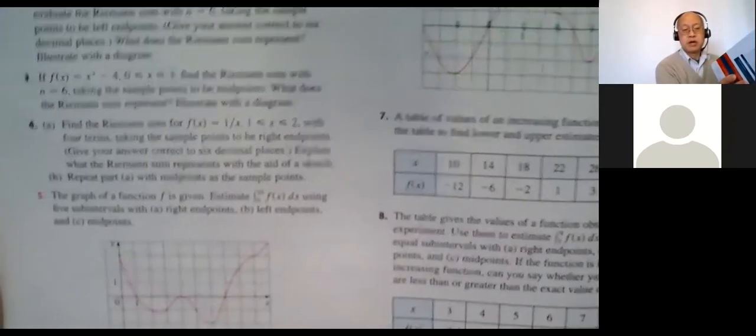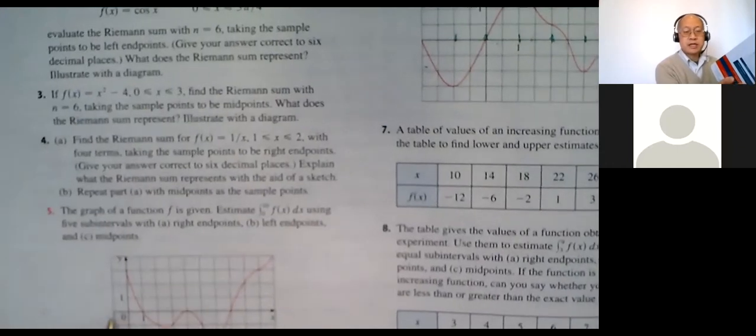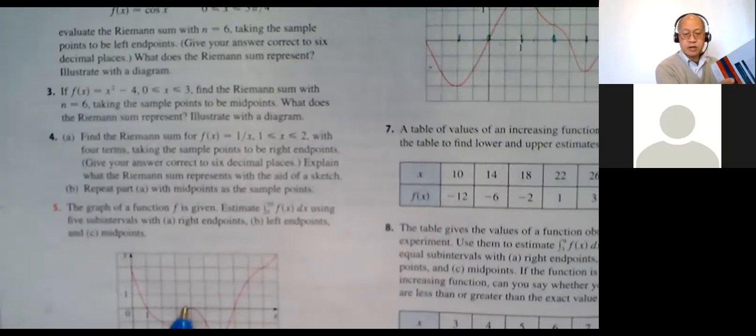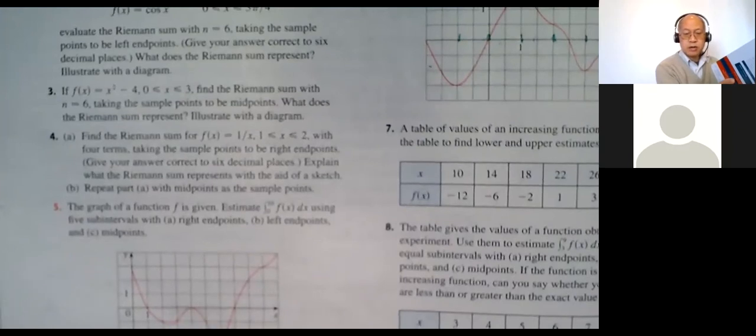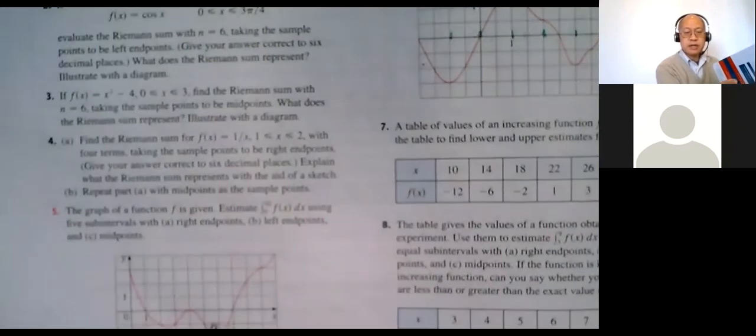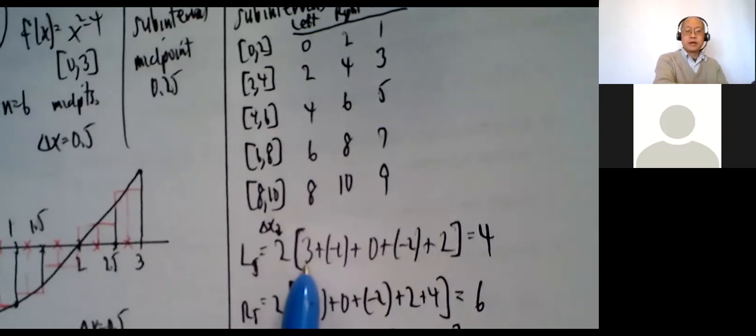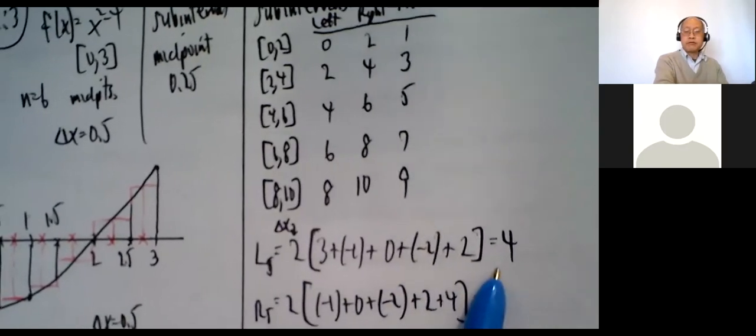And again, sorry, I can't really show you both at the same time. Good. Here we go. The heights, 3, -1, 0, -2, +2. Okay, add them all up, 4.